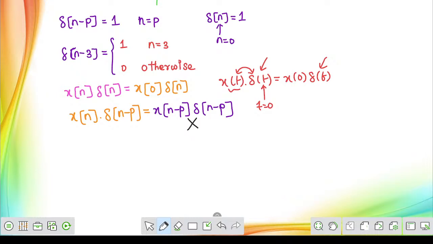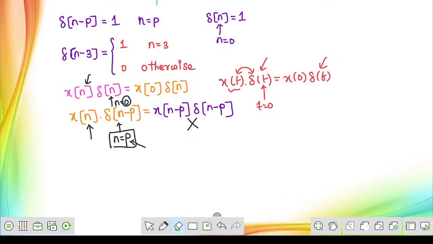Because observe the basic property. What I was doing here, the value of n will be standing at 0, so we are just substituting the value at n equal to 0, and this function will exist. Not n minus p. If del of n minus p is given, it means the function del of n stands at the point n equal to p. So in place of x of n, it should be replaced by p, not n minus p.